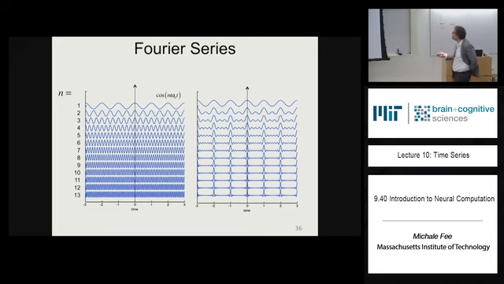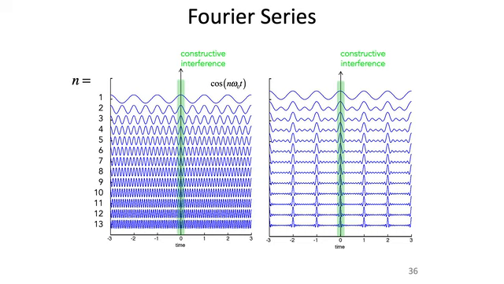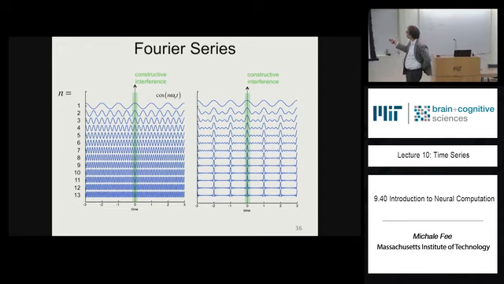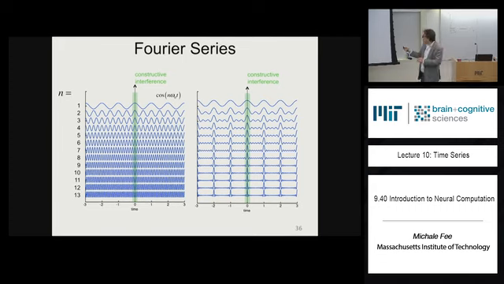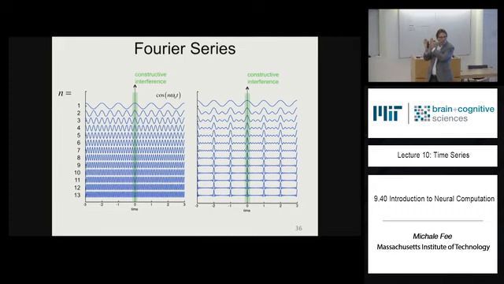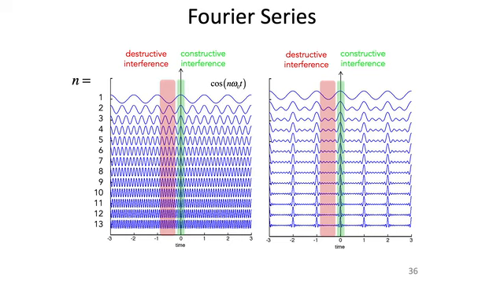Okay, why is that? It's because all of those different cosines add up constructively right here at 0, right? So those things all add up, and this peak stays because the peak of those cosines is always at 0. Over here, though, right next door, you can see that that cosine is canceling that one, and those two are canceling.